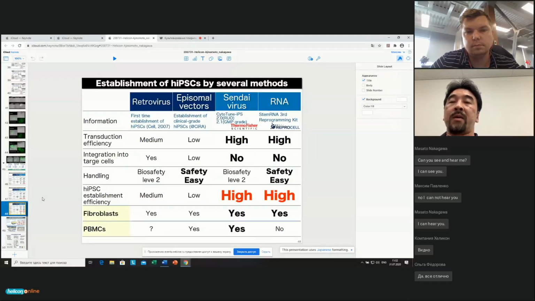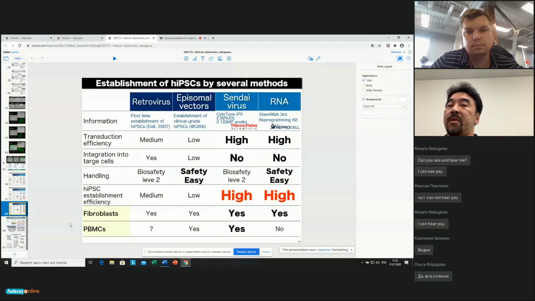When we use fibroblasts as the original cells for iPS establishment, we could use both Sendai virus and synthetic RNA. But when we use PBMC, peripheral blood-derived mononuclear cells, we could establish iPS cells using the Sendai virus, but not with synthetic RNA.